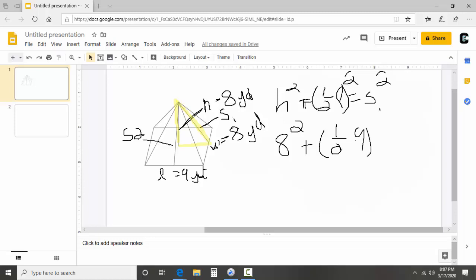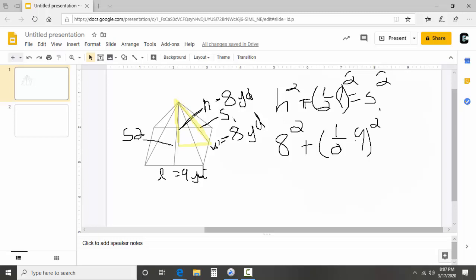Now, you don't want to square it first, okay? That half of the length is inside those parentheses. I put those parentheses there for a reason. If I don't put those parentheses there, then I'm squaring the length first before I take the 1/2. But with the parentheses there, as I have it written, you should be taking half of the length first and then squaring it. Okay, and that's going to equal S1 squared.